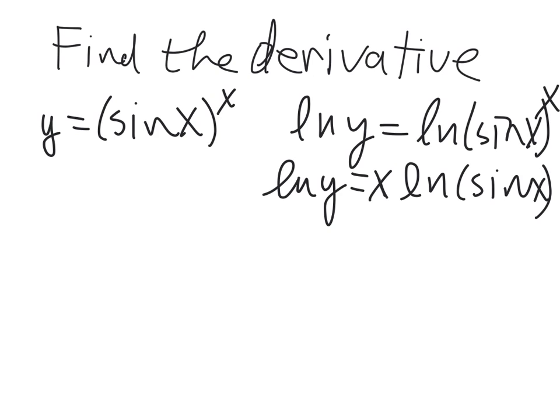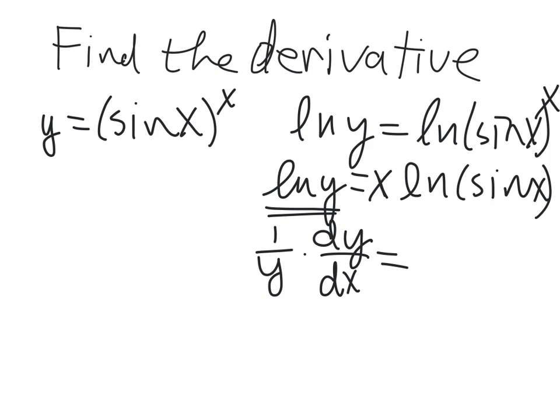And then, using technically implicit differentiation, take the derivative of both sides with respect to x. Derivative of natural log of y with respect to x is 1 over y times dy by dx. And then take the derivative of this, product rule, go through all that.